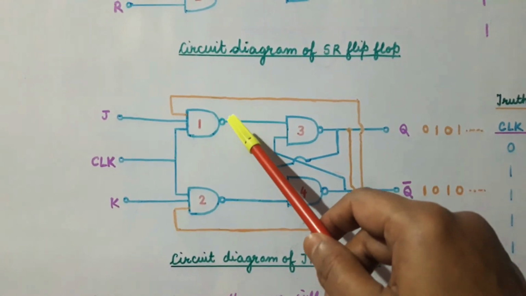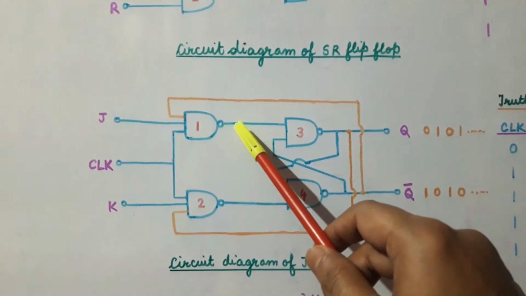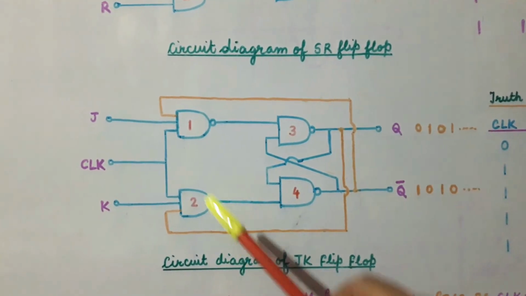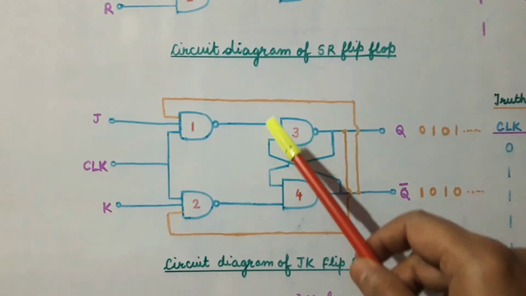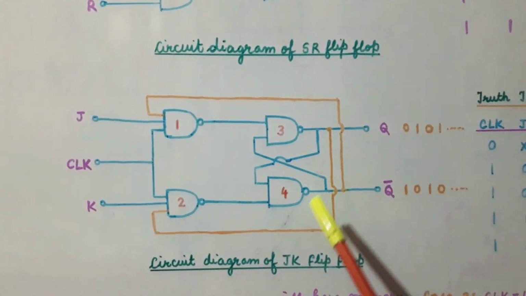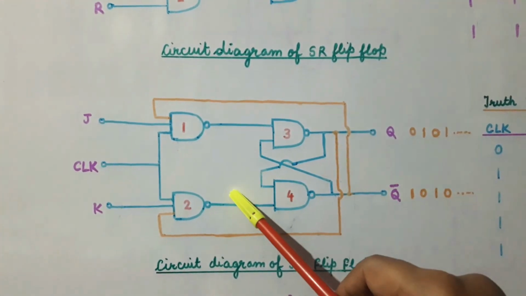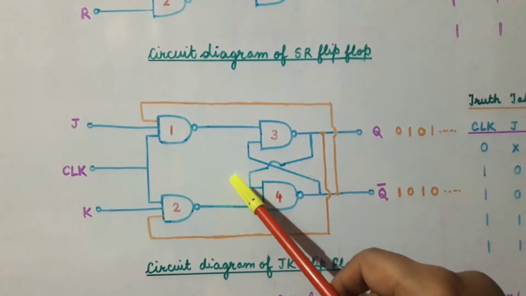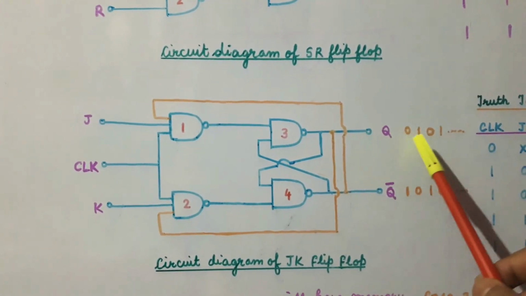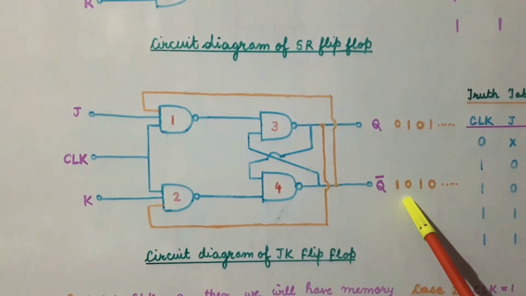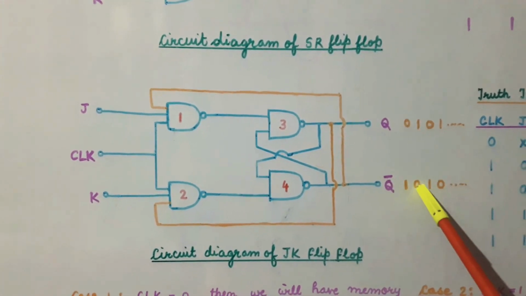Again we get J is equal to 0, this is a SR NAND latch, and we know from the truth table of the SR NAND latch that whenever the input is 0 and 1, we are getting the output as 1 and 0. So in this case we will get 1 and 0.